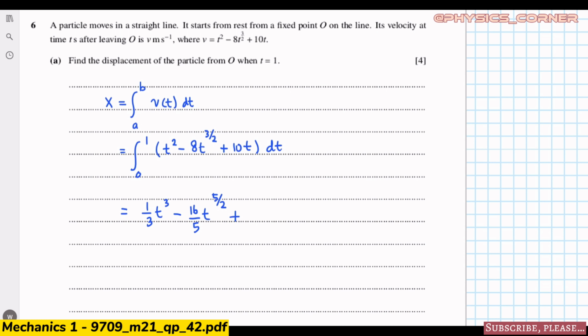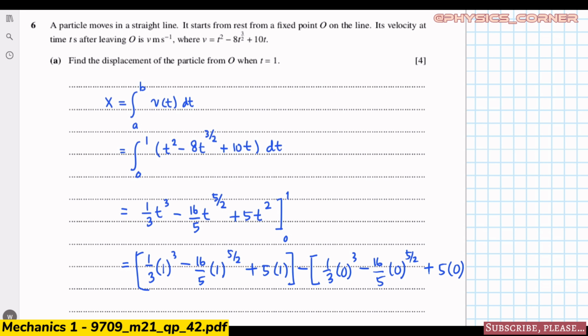Actually, the limits are 0 to 1. So we change this: one third, 16 over 5, and 5. This is negative, and equals 0 actually. This is 0 power 3, 16 over 5 times 0 power 5 over 2, and plus 5 times 0 squared.